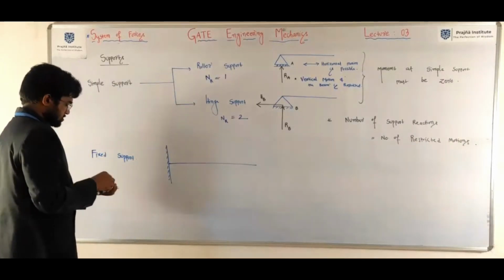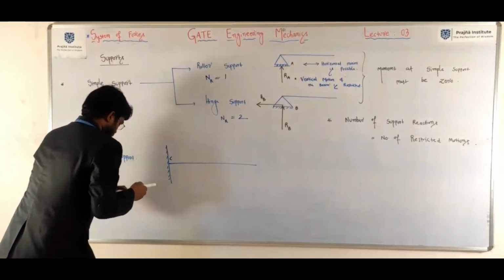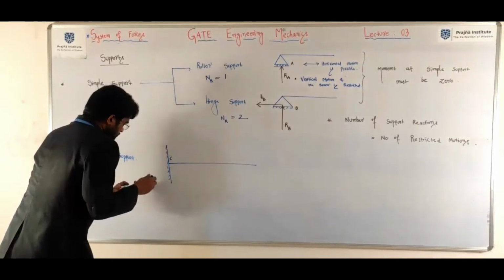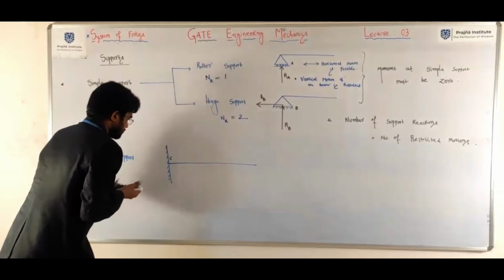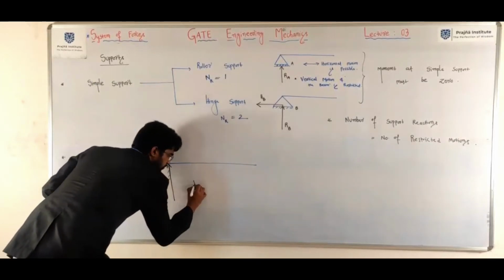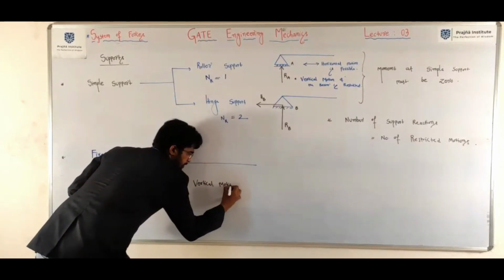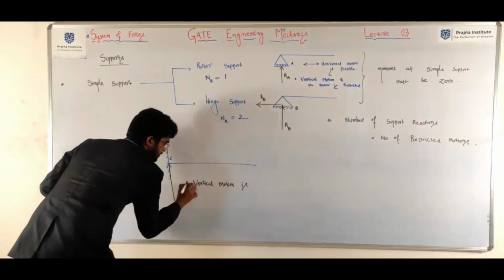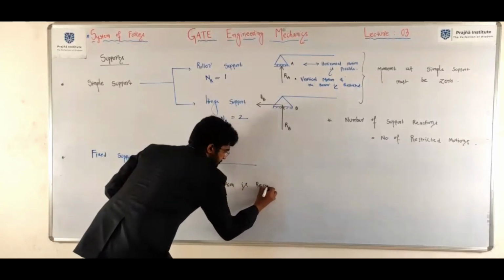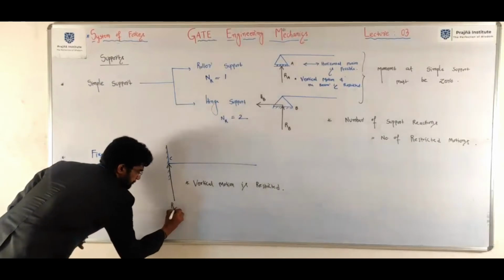Okay. Here, this is C. What you will get, tell me? Vertical motion is restricted. Then one vertical reaction coming to picture.